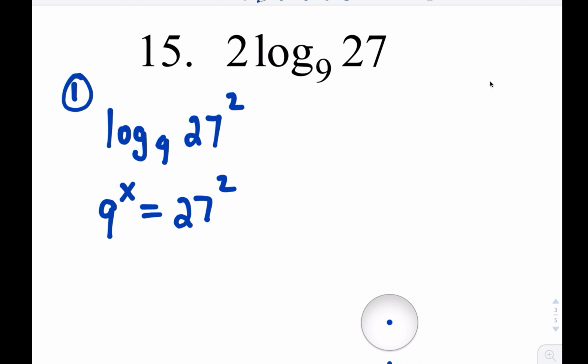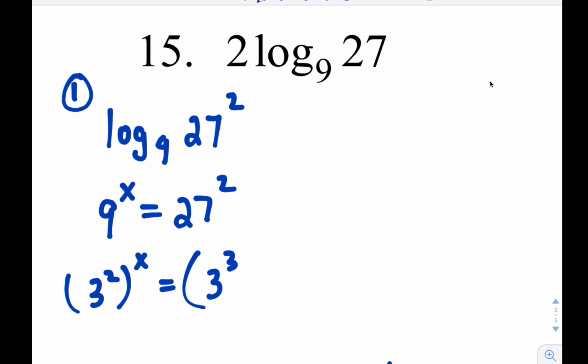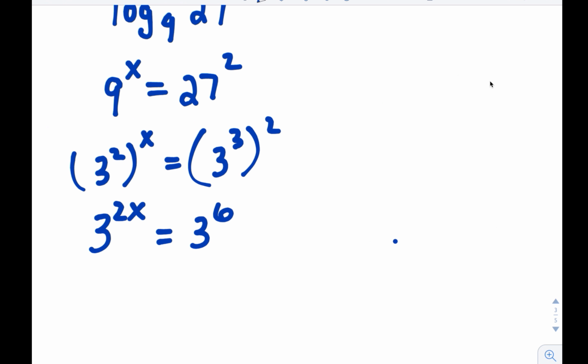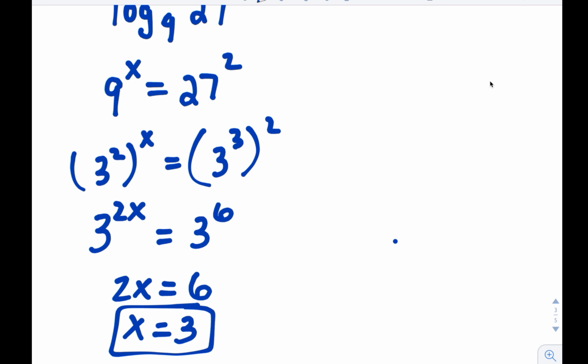Both of these have a base 3 in common. 9 is the same thing as 3 squared, and 27 is the same thing as 3 to the third. So now I have 3 to the 2x gives me 3 to the sixth. So 2x equals 6. x must be 3. That's one way to do it.